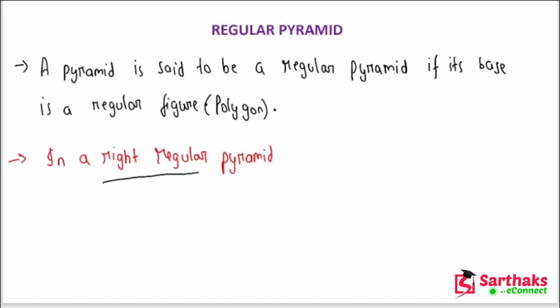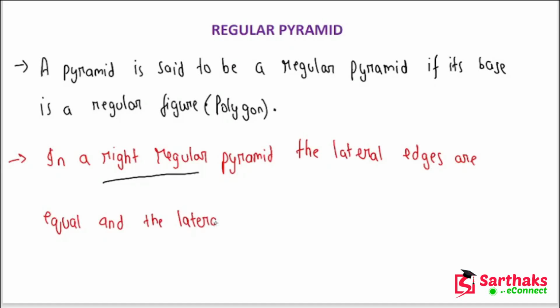You should always remember this particular condition, that in a right regular pyramid, the lateral edges are equal and the lateral faces are congruent triangles.